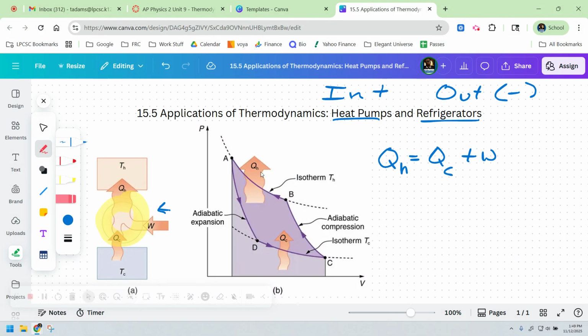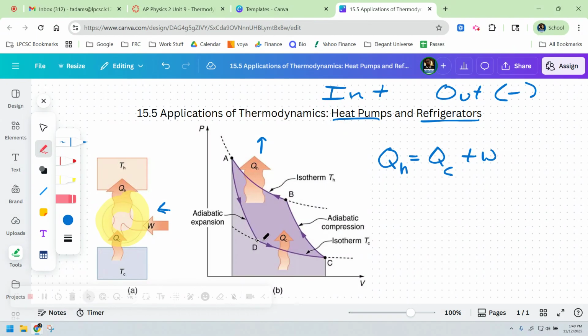So as you pump the heat out, that's why they're called heat pumps, what happens? Well, the pressure increases, but the volume decreases, right? Or, however you want to look at it.